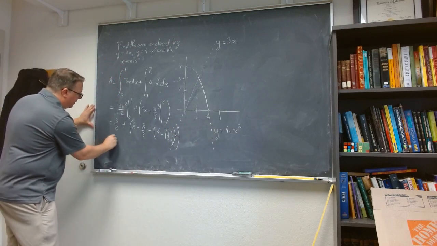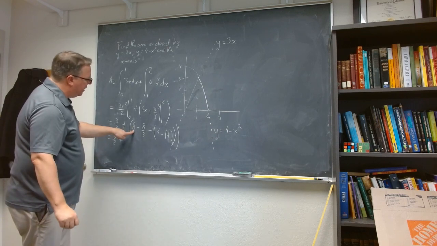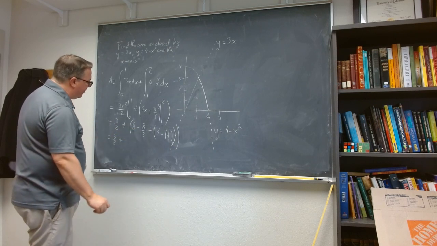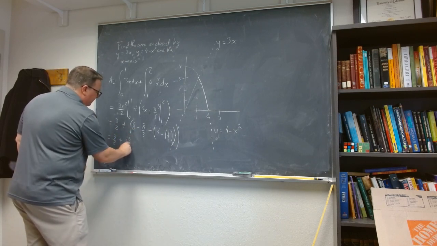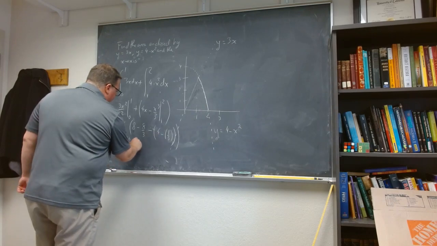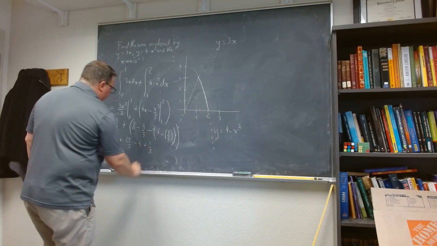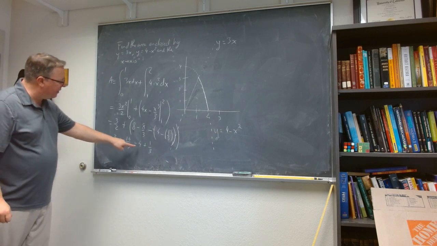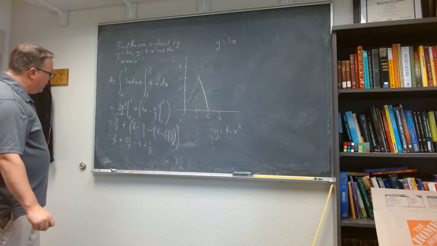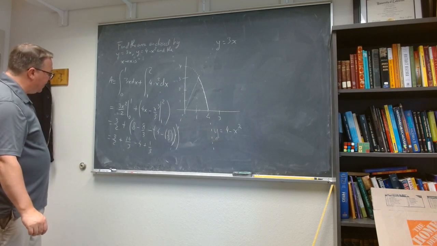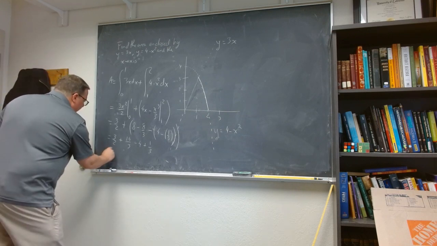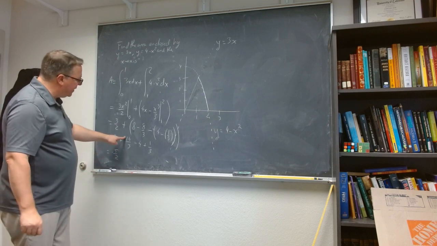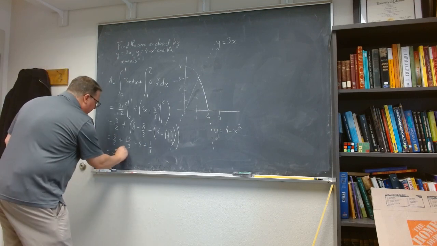So I get 3 halves, then 8 minus 8 thirds, so 8 is 24 thirds, minus 8 thirds is 16 thirds, minus 4 plus a third. So I'm going to have 3 halves minus 4. That's just going to be what? 8 minus 4 is 5, so negative 5 halves. And then here I'm going to have 16 plus 1 is 17 thirds.